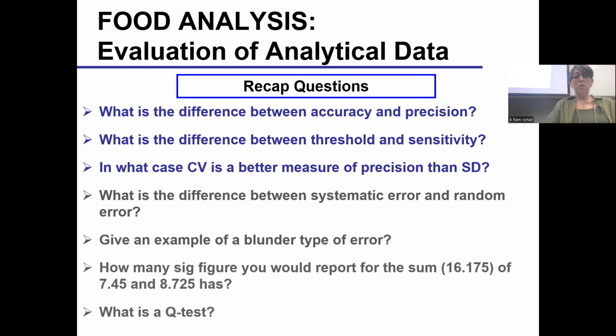Okay. When we talk about threshold and sensitivity, did we cover this or not yet? No, we didn't. We will talk about it. But can you tell me, when you hear threshold, what does it mean to you? Go ahead, Gray. Like as high as you can go. Hold that thought. Sumili?